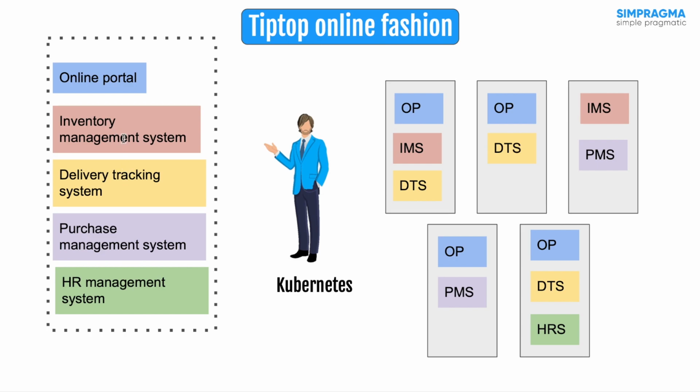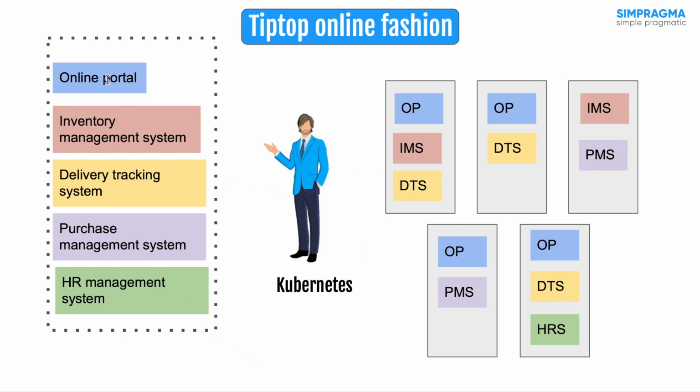Once customers buy, we have a delivery tracking system to ensure that the products reach the customer. We have a purchase management system, which we use when we are purchasing the products. Then we have an HR management system to maintain the records of our staff members for payroll and leave management and so on.